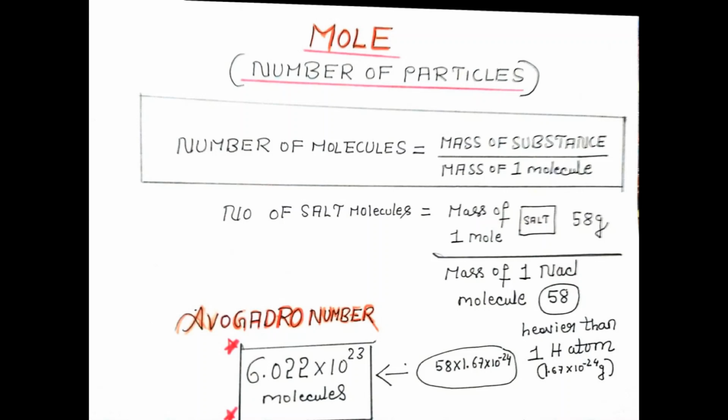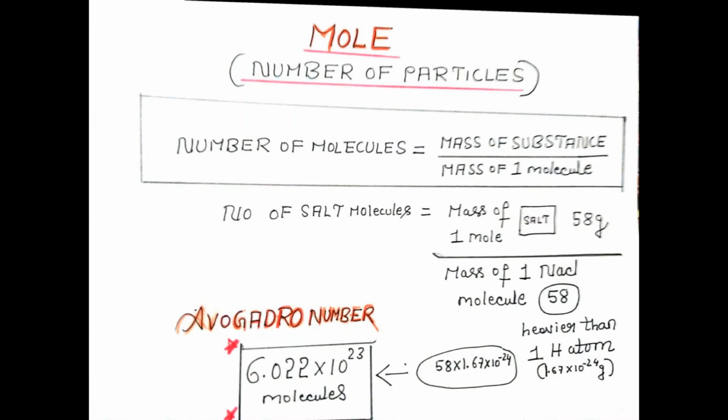Number of molecules is equal to mass of substance divided by mass of one molecule. Let us consider salt. Number of salt molecules is equal to mass of 1 mole of salt divided by mass of 1 NaCl molecule. 58 by 58.